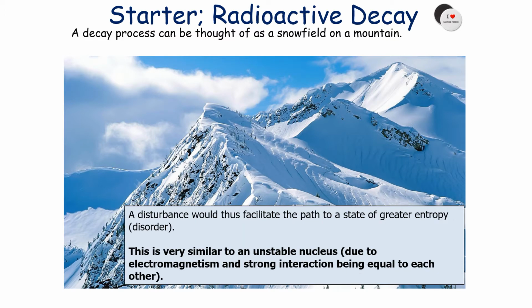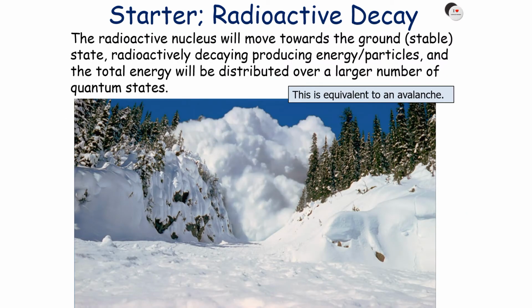A disturbance would facilitate the path to a greater entropy, or disorder. This is very similar to an unstable nucleus, due to the electromagnetic and strong interactions being equal to each other. So the radioactive nucleus will move towards the ground state, or the stable state, and radioactive decay produces energy or particles. The total energy will be distributed over a larger number of quantum states.